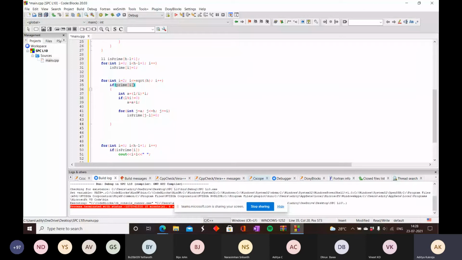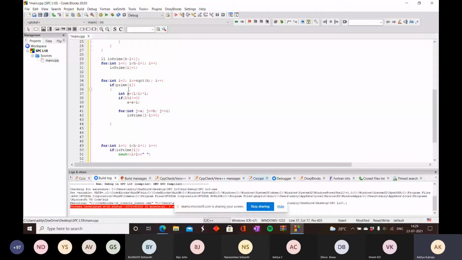A over here represents the starting index from where you have to start crossing out. Say the is prime array might start from 1000 and the upper limit might be 1200. We need not check all the numbers less than 1000; we only need to start canceling from 1000. So this represents the starting index from where you have to start canceling the multiples of the prime numbers.